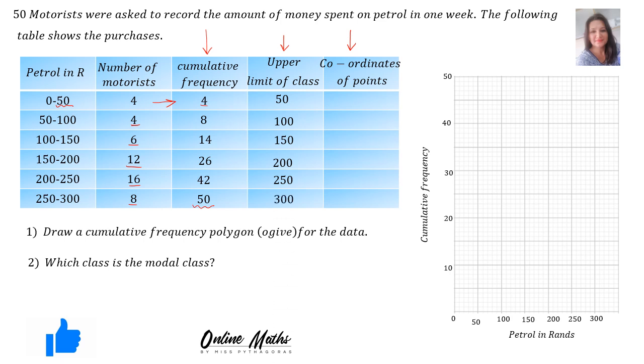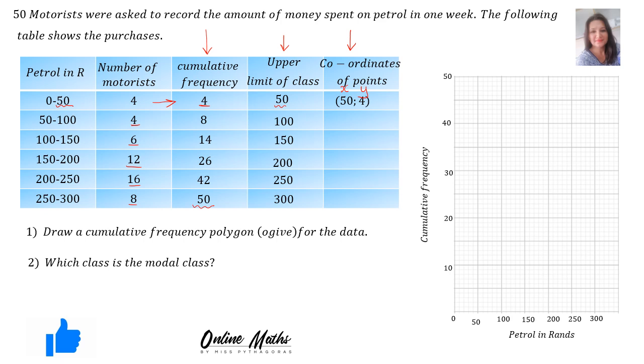Then your last column that you had to sketch was the coordinates of the points. Now where do we find them? The x coordinate is this 50, the upper limit of the class, and the y coordinate is this 4, the cumulative frequency.